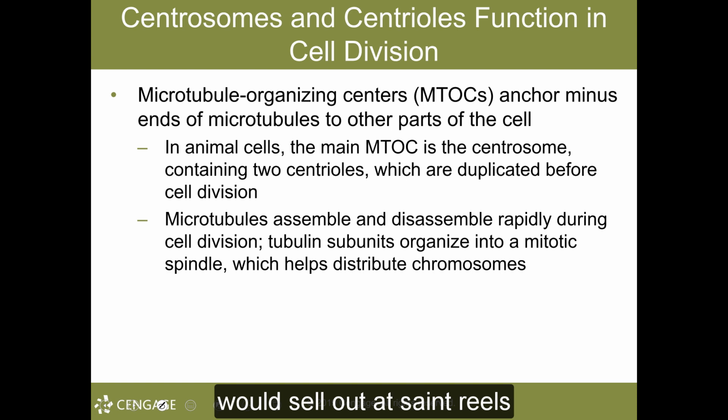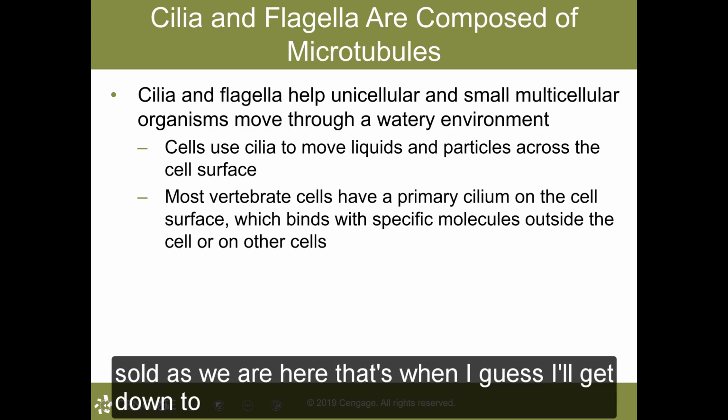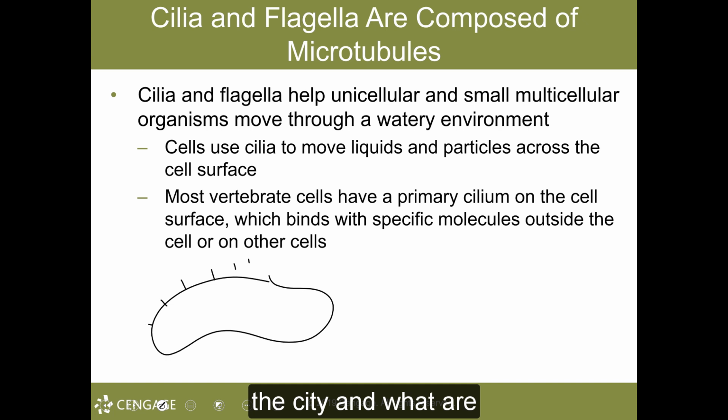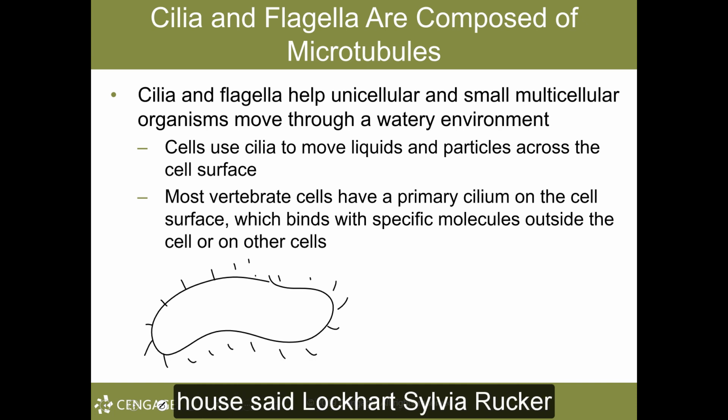So as we are here, next I guess I'll get down to the cilia and flagella. I'll just draw a very quick cell, and I would say this way. These, class, would be how cilia appear to look.